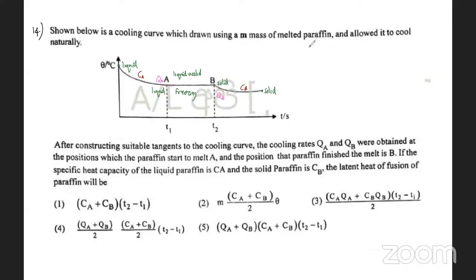So for liquid paraffin, I'll try to write an equation. Q equals MC delta T, right? So dQ by dt is equal to MCa, and instead of delta T, d theta over dt.